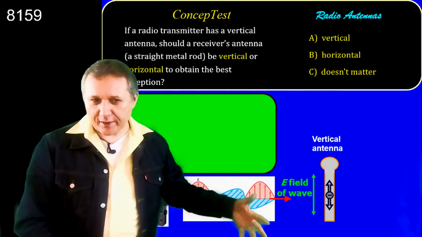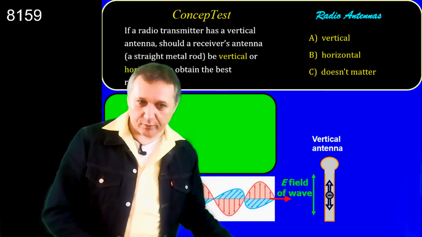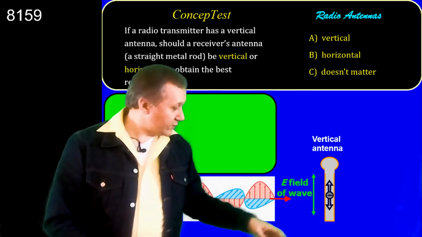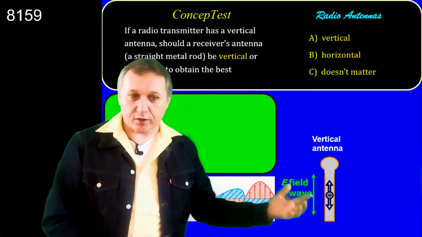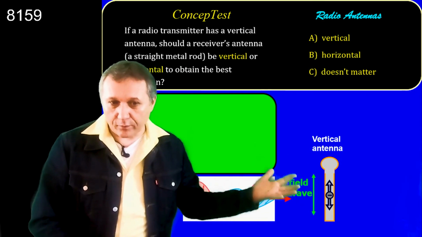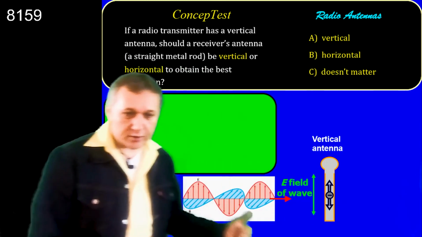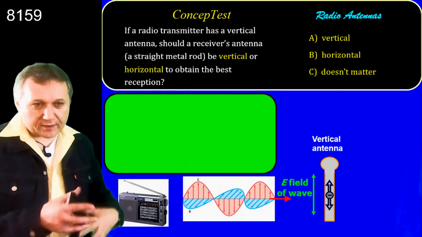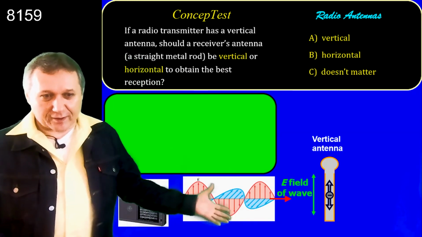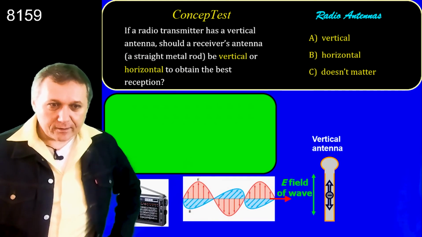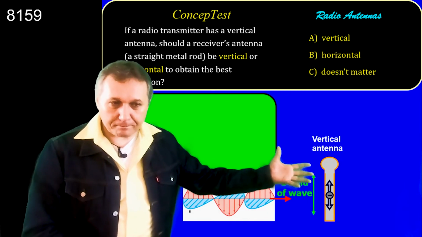Electrons move in the opposite direction because they are negatively charged, but anyway, they oscillate up and down. They have plenty of room in this direction, so they can go up and down, generating a reasonable amount of current in this antenna. That current can be coupled out to, for example, the radio, and then something can be done to that signal. So in this case, we will get a reasonably healthy current.